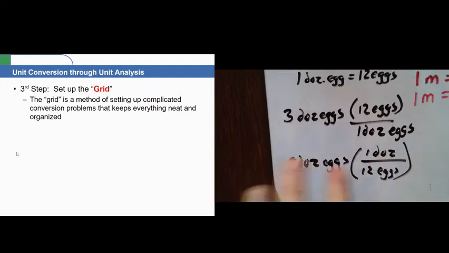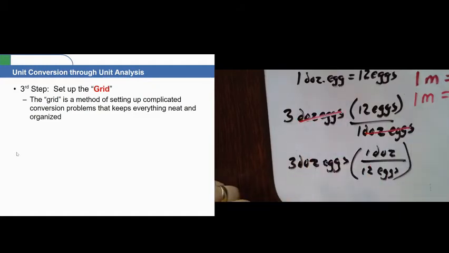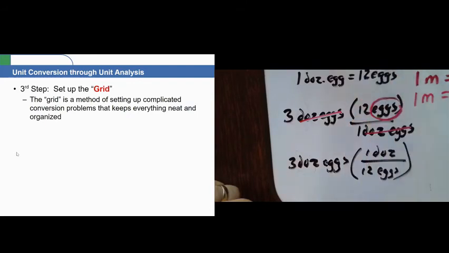You want to set up these problems so that all of the units cancel out except for the unit that you're looking for. If we do it the top way, dozen eggs on top will cancel out with dozen eggs on the bottom, and you're left with just the unit of eggs, which is exactly where you want to end up.